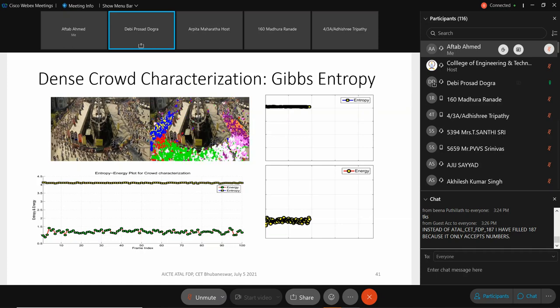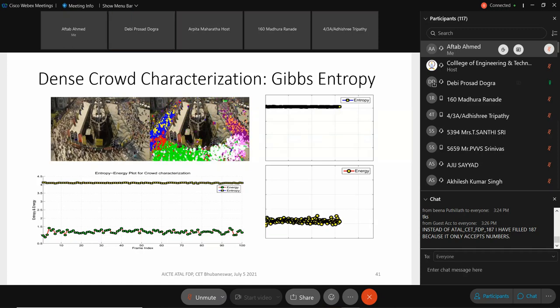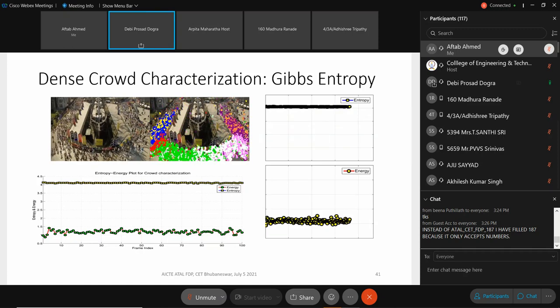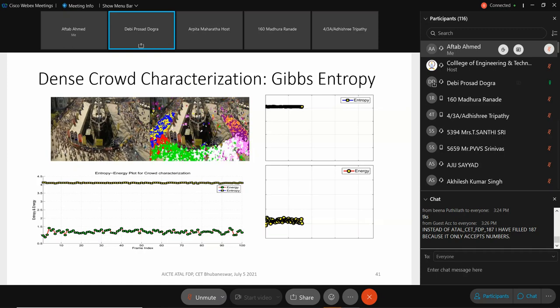Let us see how it varies for different types of crowds. If you look at the video, we are showing one marathon video where people are moving in a more structured manner, even though the direction is varying.